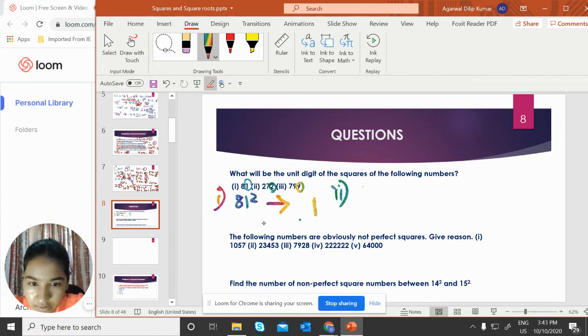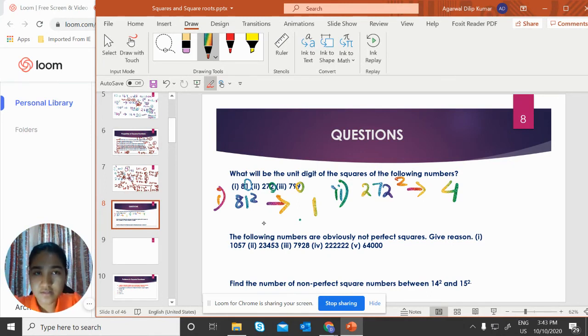What about the second number, 272? Any number that ends with 2 or 8 in its units place is going to have 4 in its units place. If you are not able to remember these things, it's not important to remember. You can just simply check by multiplying the units place. 2 2s are 4, so the units place will be 4. 1 ones are 1, it's going to be 1. 9 9s are 81, so 81 has 1 in its units place, so it will be 1.